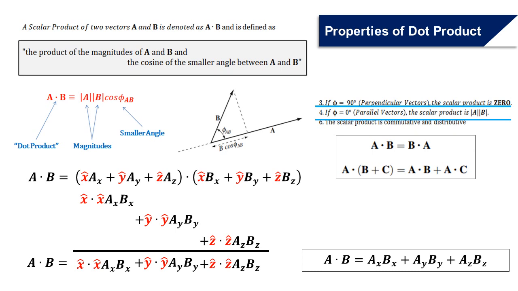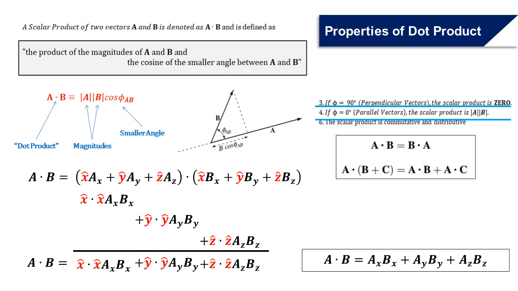Okay, so that will be yung x scalar component i-multiply natin plus yung sa y i-multiply din natin, then sa z i-multiply din natin. So that's another way to solve for the dot product ng dalawang vectors.